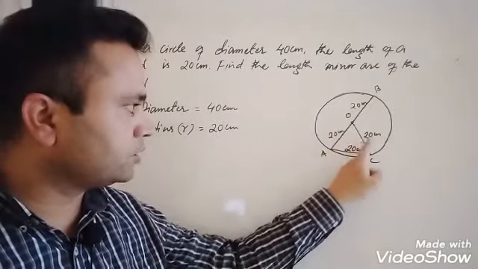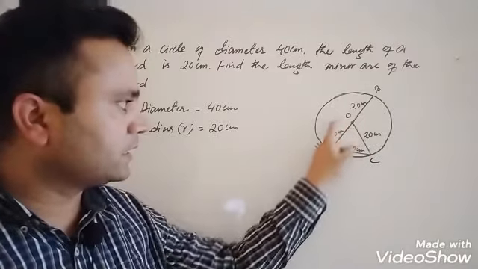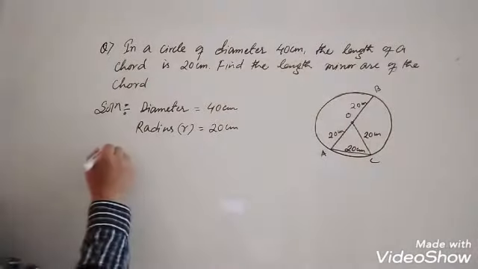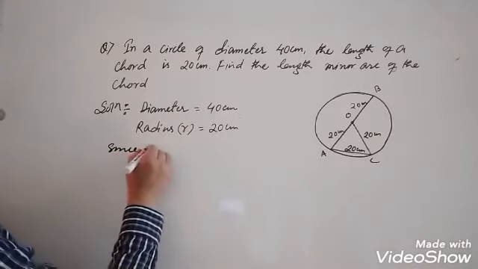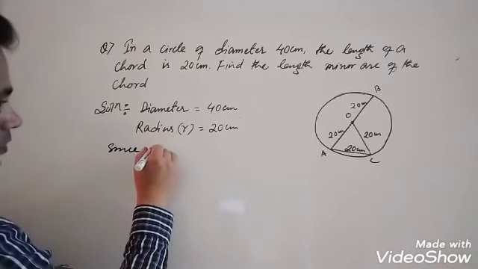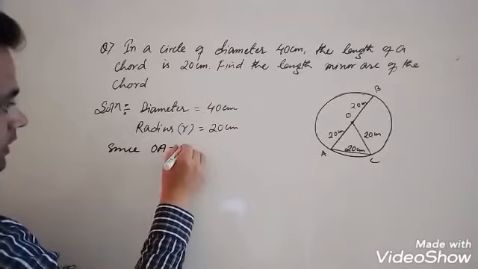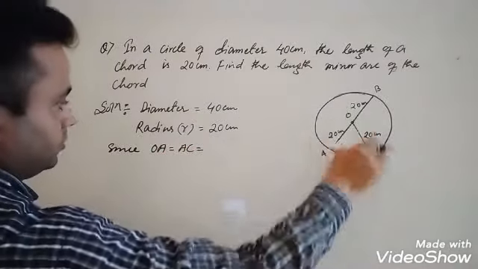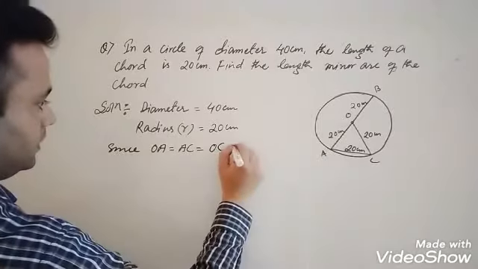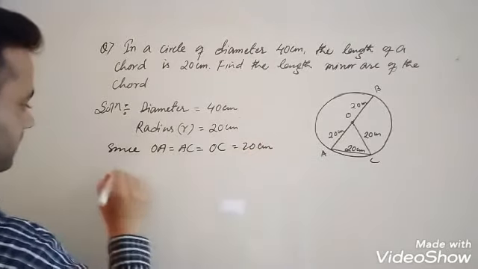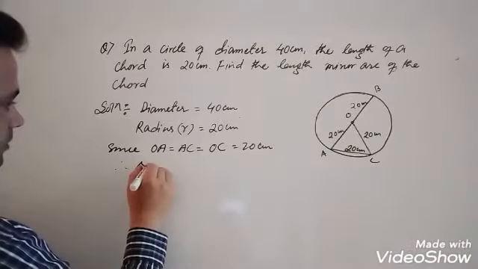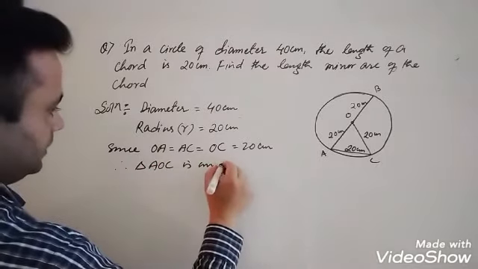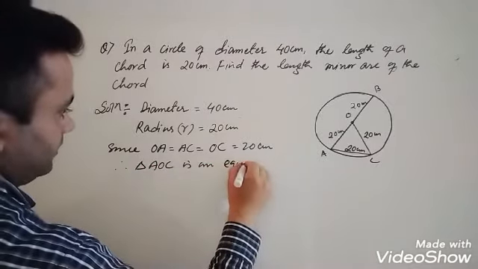This is 20, 20, 20, so AOC is an equilateral triangle, since OA equals AC equals OC equals 20 centimeter. Therefore, triangle AOC is an equilateral triangle.